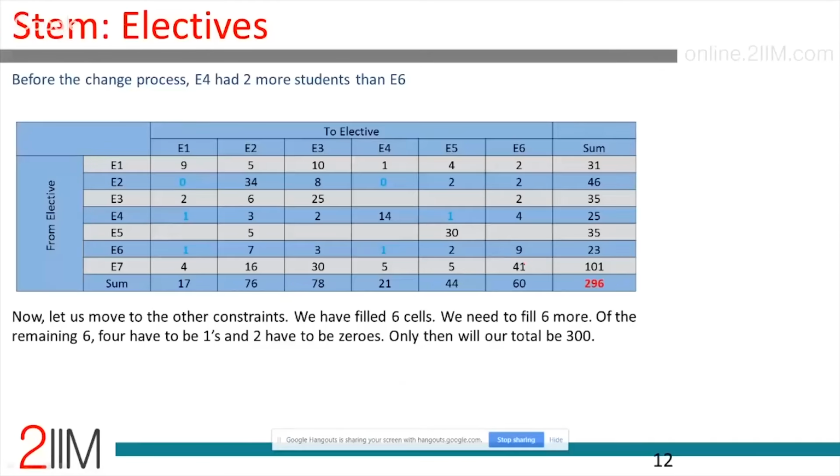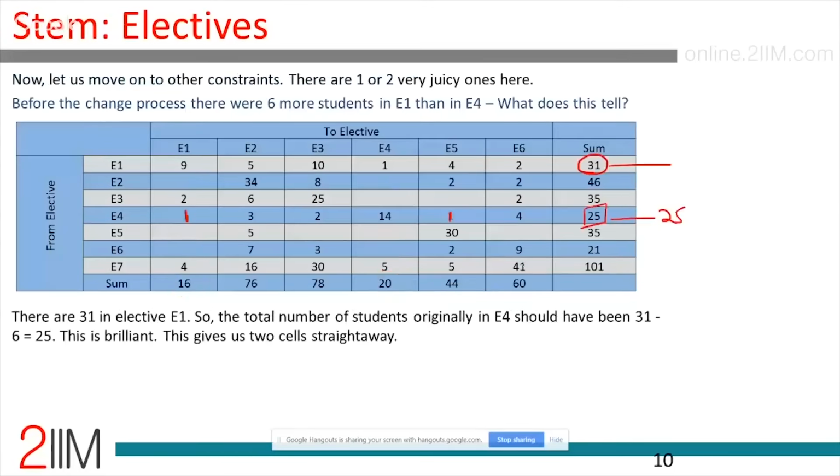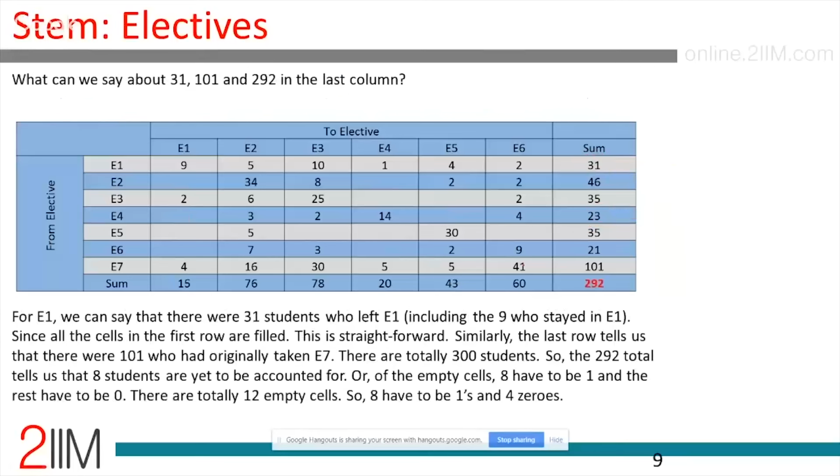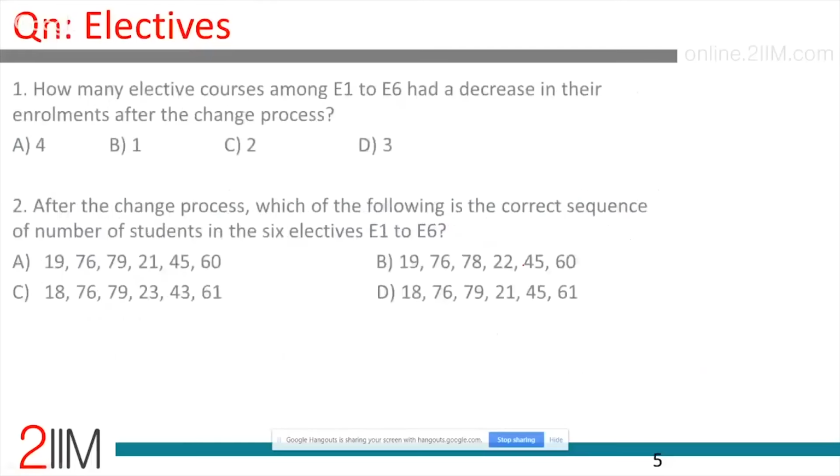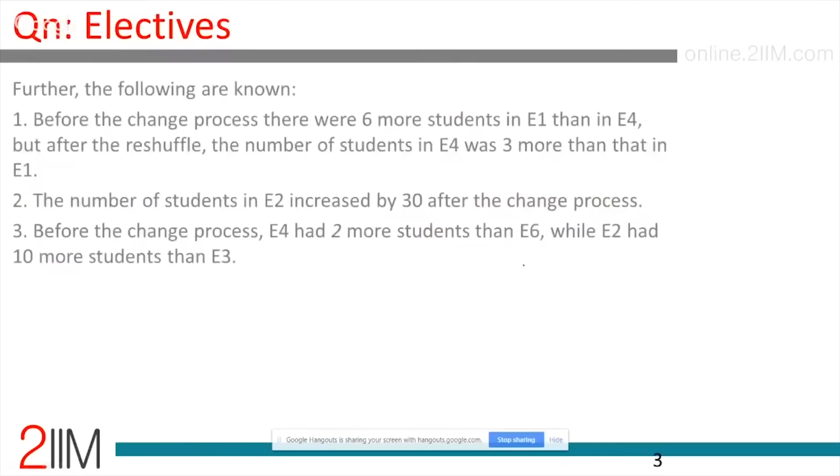Now, what are the other constraints that we have? Give me a second, let me go back to the constraints to see what they were, so we can do this step by step. There were 6 more students in E1 than in E4. We've used that. After the reshuffle, the number in E4 was 3 more than E1. We'll come back to this.